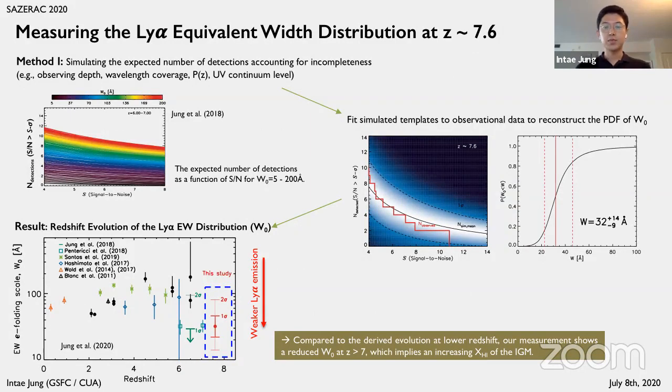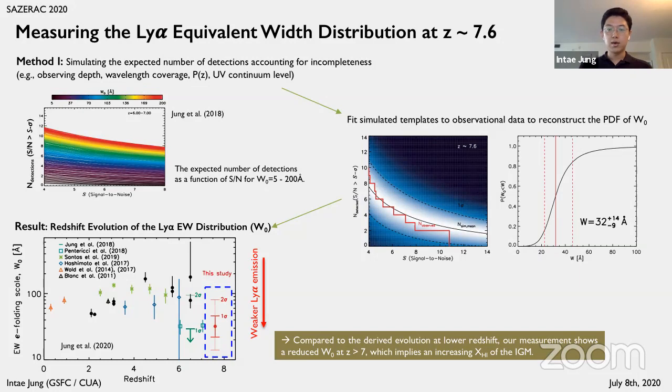With these successful detections of Lyman alpha emissions, we measured the equivalent width distribution of Lyman alpha at these redshifts. So here we applied our methodology from Jung et al. 2018 for constraining the distribution by assessing the likelihood of detecting Lyman alpha emission lines from simulated mock emission lines.